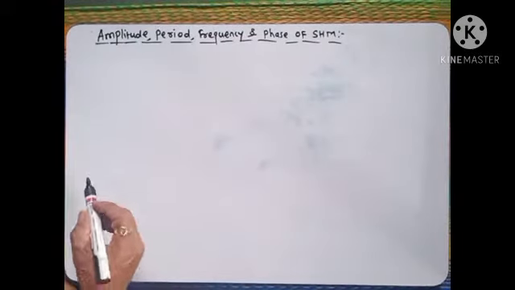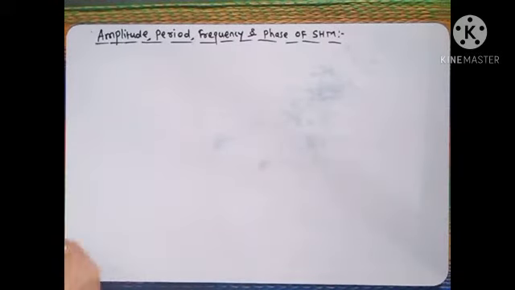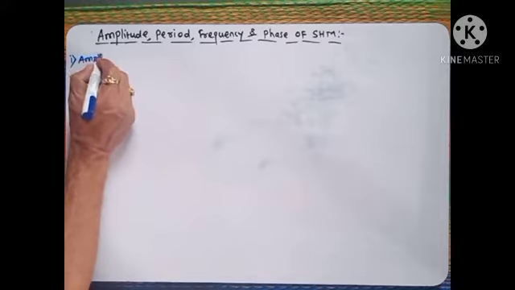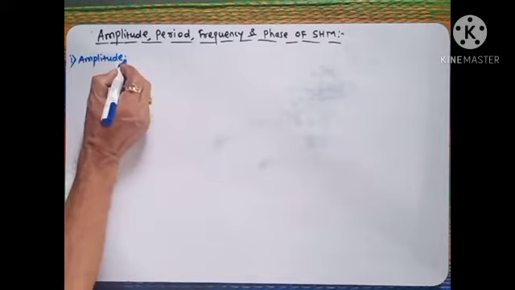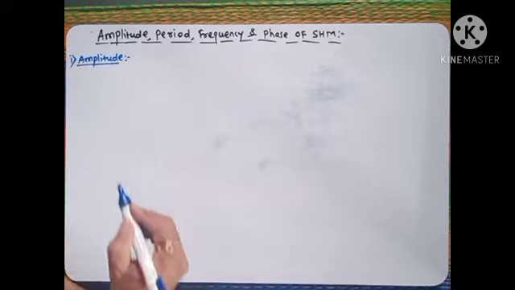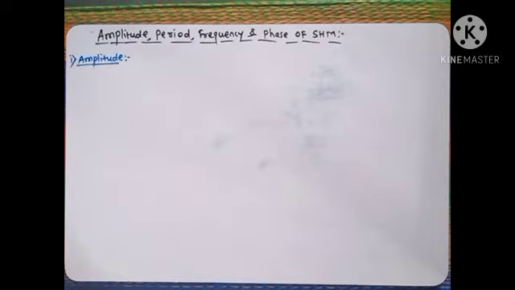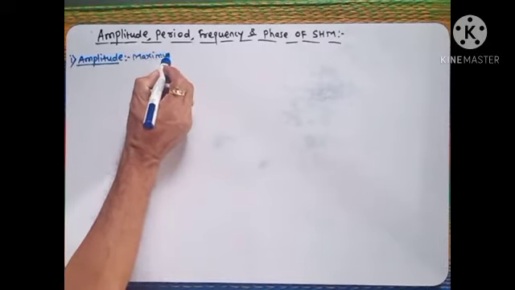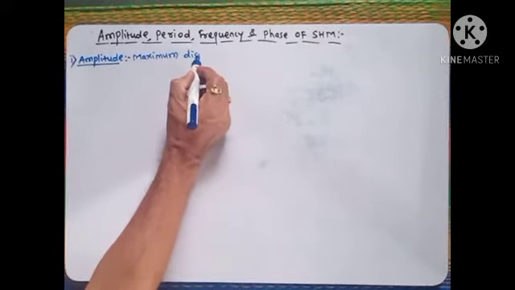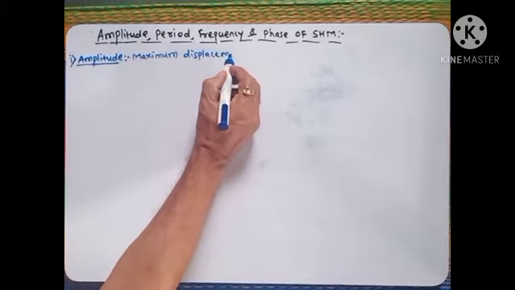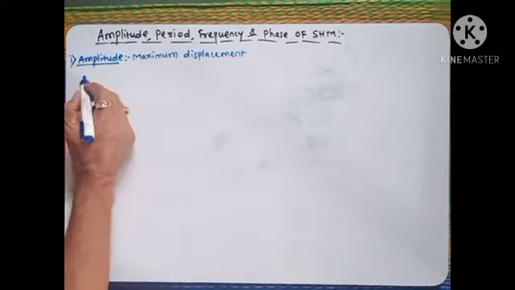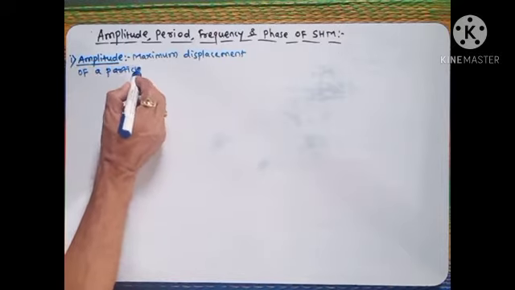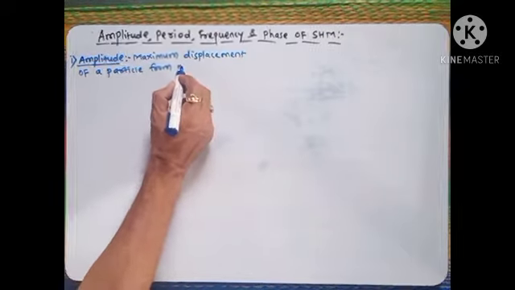Okay. Now, first definition: amplitude. Here see amplitude, maximum displacement of a particle from mean position.